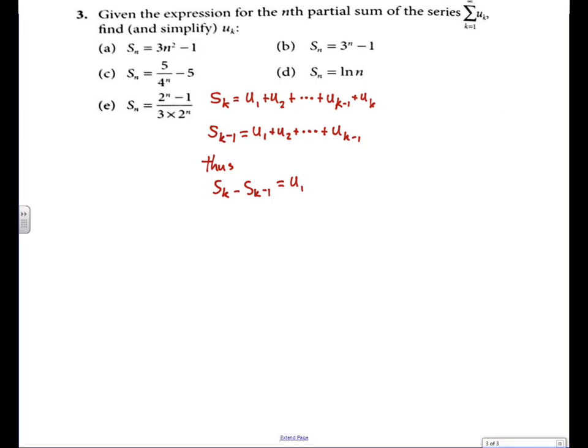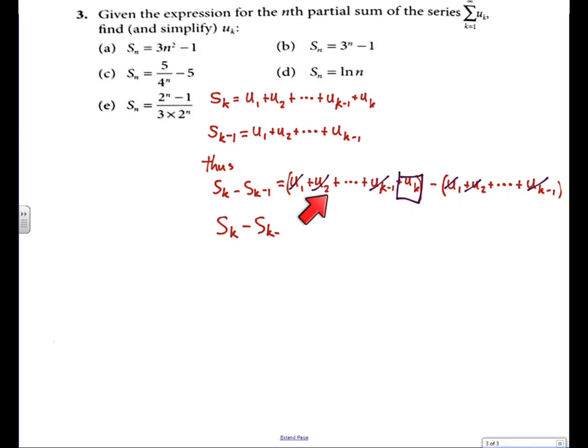Naturally, if I subtract these two, we're going to have the first sum and the second sum subtracted from one another. As you can see, U1 subtract U1, U2 subtract U2, and so forth. Everything is going to subtract out all the way up to the k minus 1 term, leaving us with just U sub k.